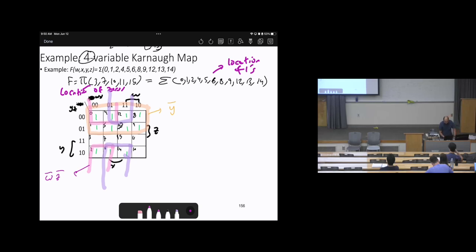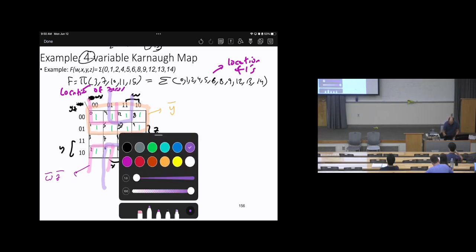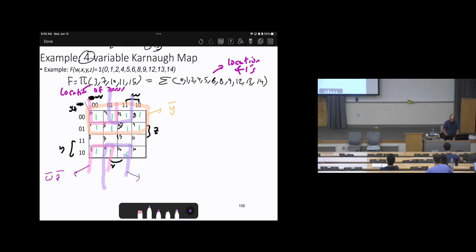Now, the last block, written here. For this block, look at the variable w. This is w bar, so of course this is not w. Look at the variable x. It's within the x area, so let's use x. Look at the variable y.